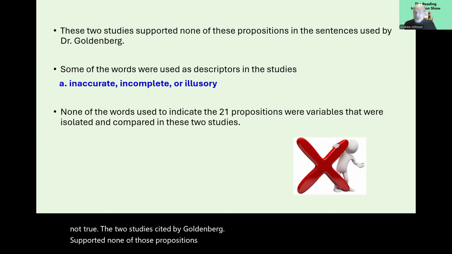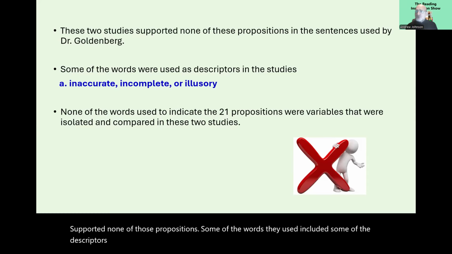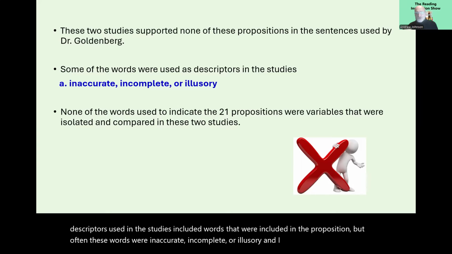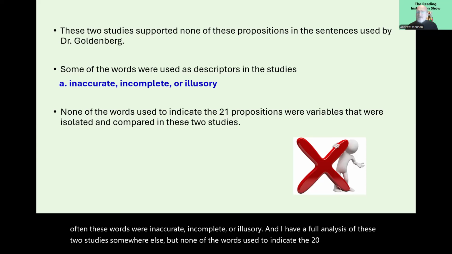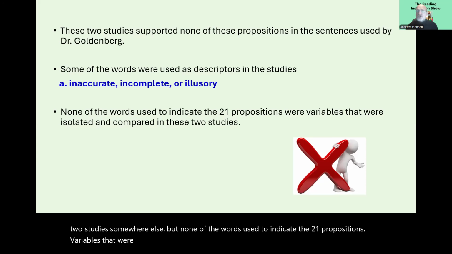Some of the descriptors used in the studies included words that were included in the proposition, but often these words were inaccurate, incomplete, or illusory. And I have a full analysis of these 2 studies somewhere else, but none of the words used to indicate the 21 propositions were variables that were isolated and compared in these 2 studies.